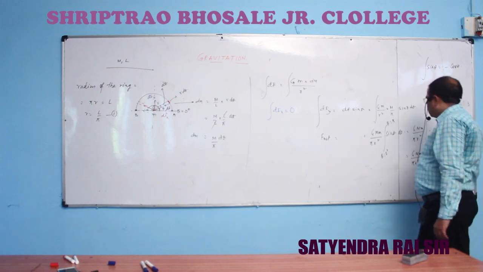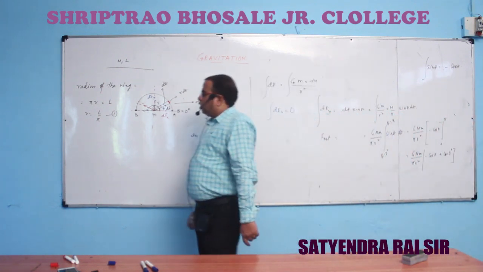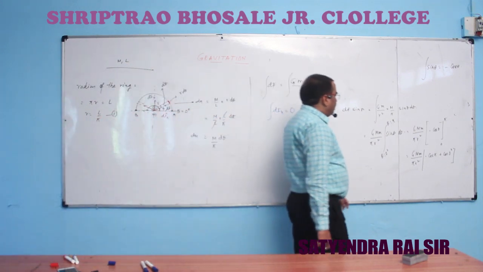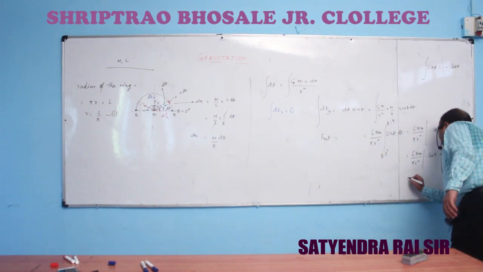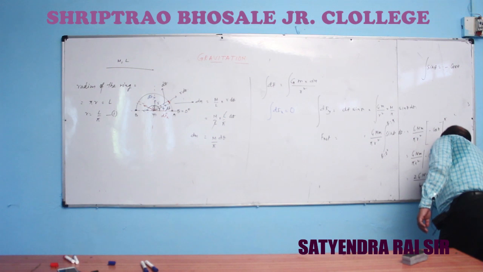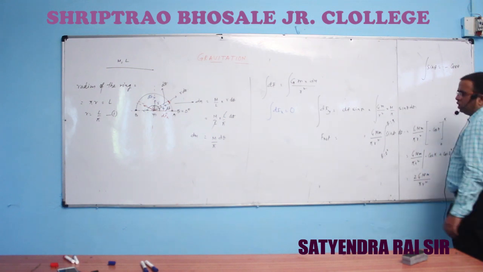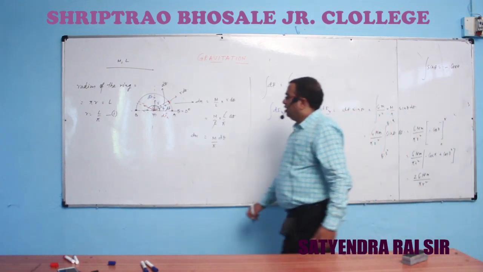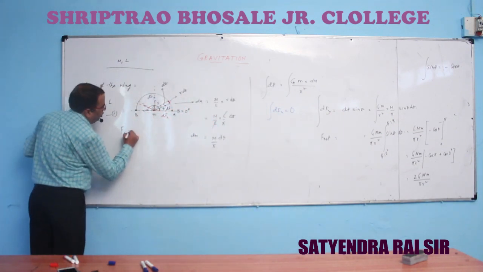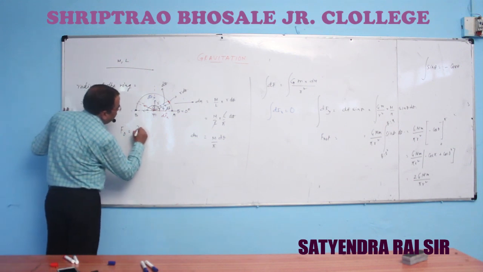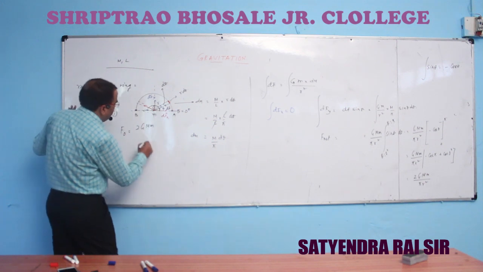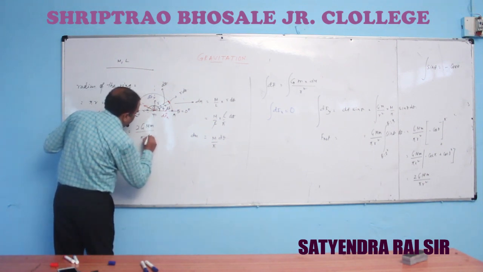We know well cos pi, cos 180 degrees, is minus 1, and minus 1 with the minus sign will be plus 1, and cos 0 is also 1. So finally we get twice GM upon pi r square. So we have seen the F at O is twice GM by pi r square.